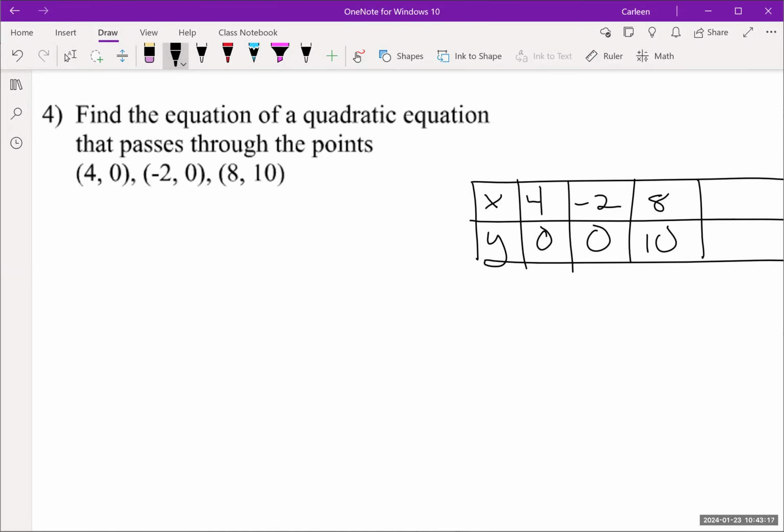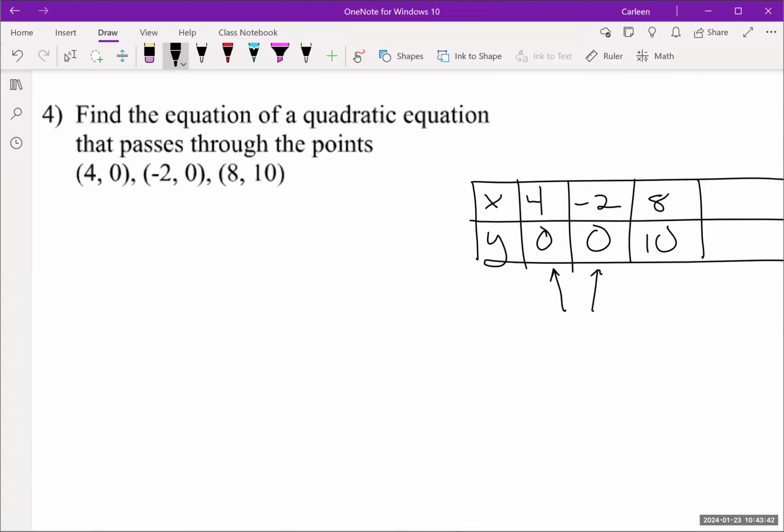Okay. Now, if ever the y value is 0, then these (4, 0) and (-2, 0), I have found the what? If the y equals 0, okay, Cadence, it is ready for you.